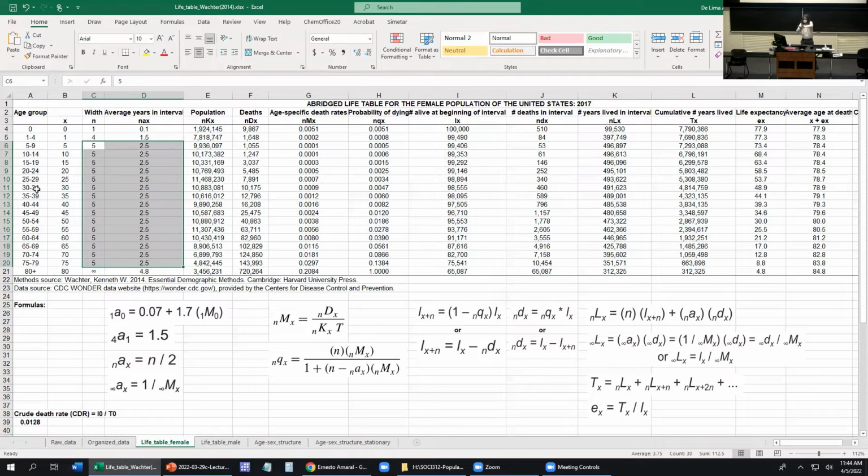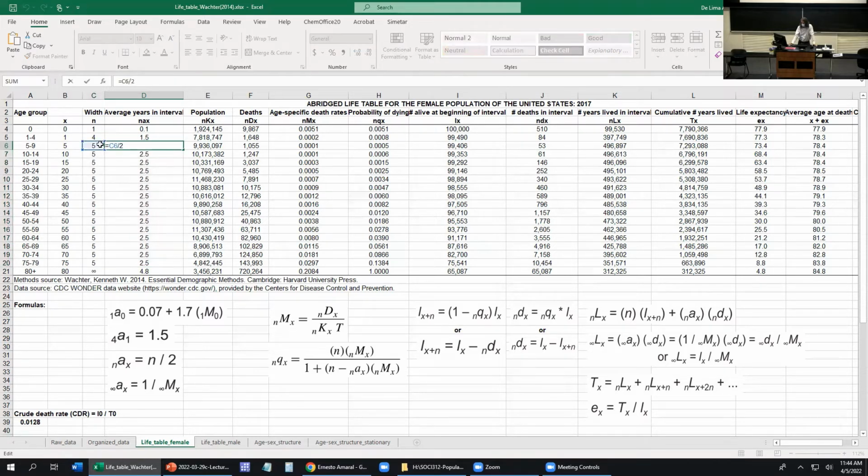If mortality is constant within each of these age groups, if I die between the ages of 5 and 9, the chance of dying at age 5, 6, 7, 8, 9 is the same. So I will live on average 2.5 years, right? So what is this 2.5? It's pretty much this number divided by 2. This formula here is applied to all these age groups.